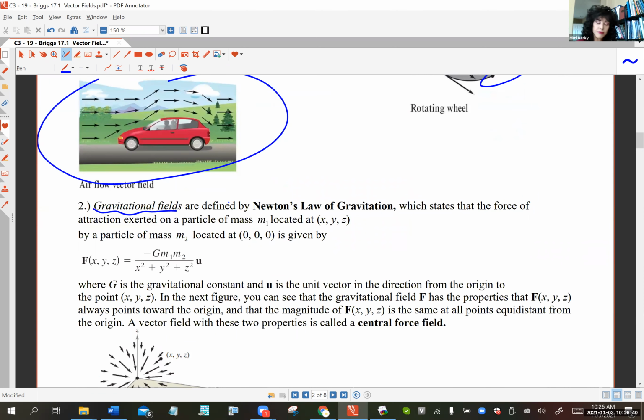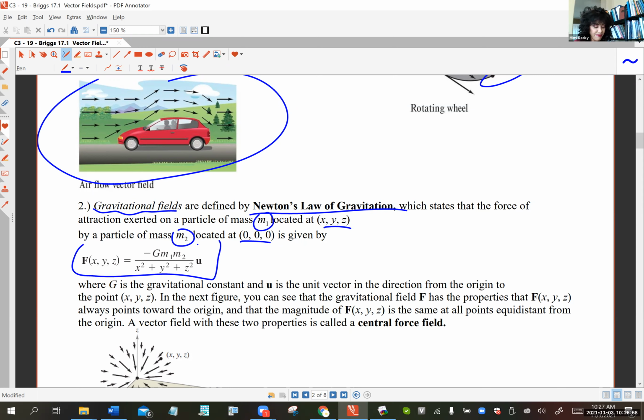Gravitational fields, defined by Newton's law of gravitation. The force of attraction exerted on a particle of mass m1 located at a point xyz by a particle of mass m2 located at the origin is given by this vector field.